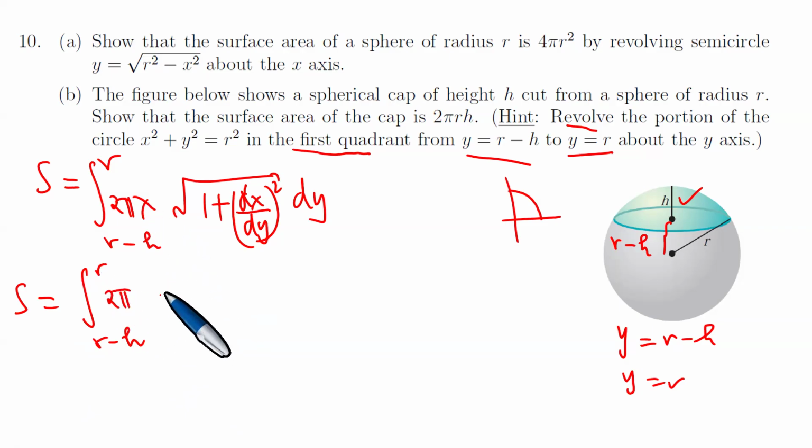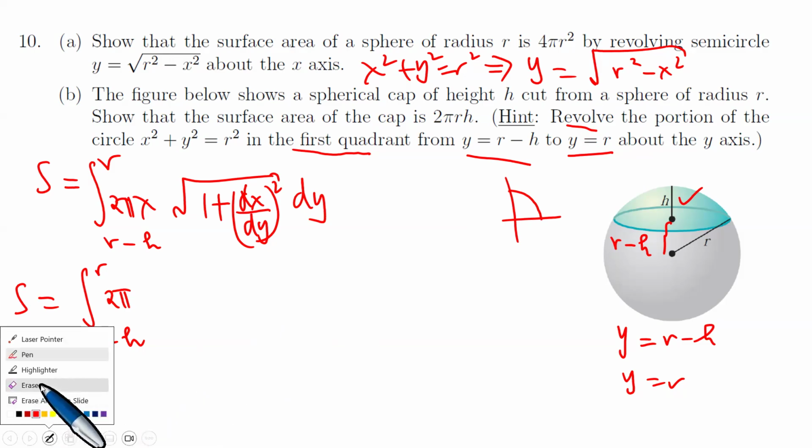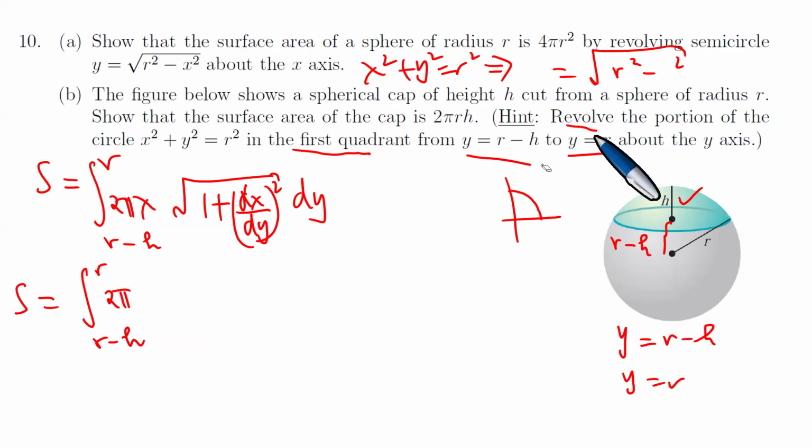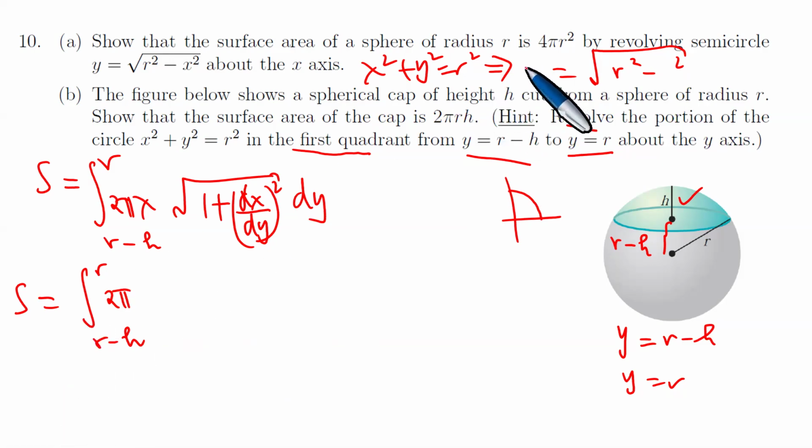Then you need to substitute everything. What is your x here? For the portion of this in the first quadrant, you need to make x the subject from the equation of the circle. From the equation of the circle, x squared equals r squared minus y squared, and x is positive there.